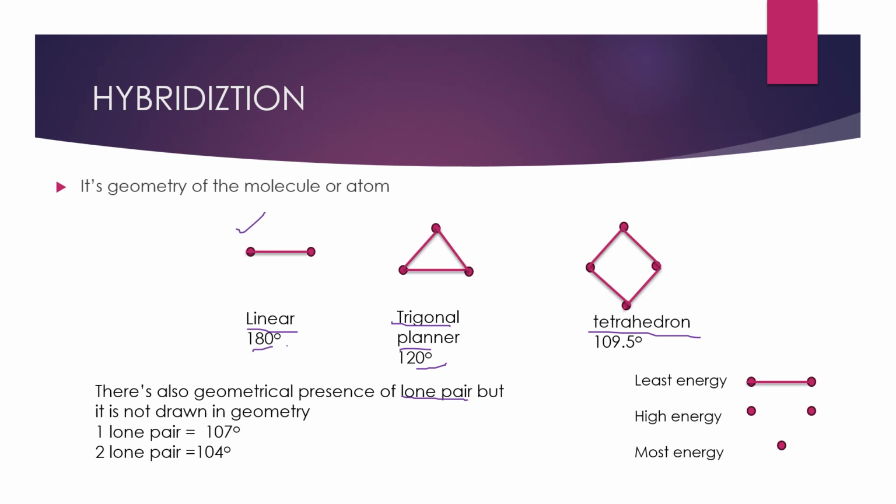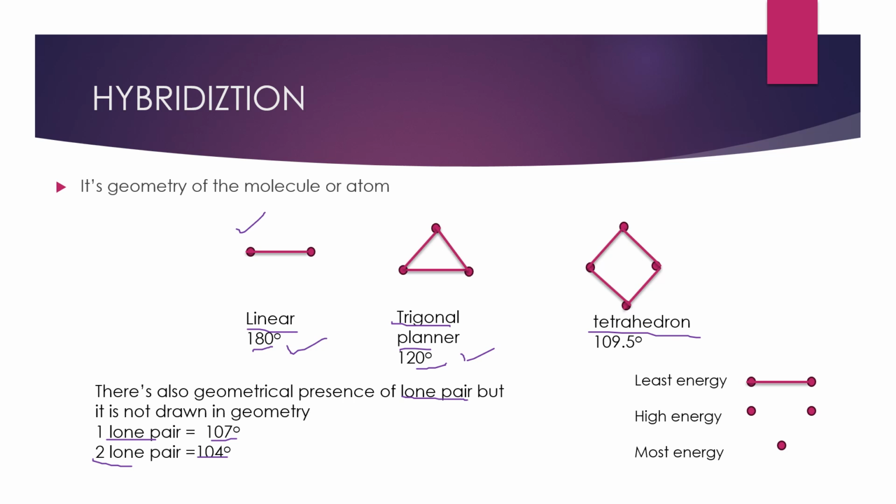As I told you, in the linear form there is 180 degrees, in the planar form 120. Just suppose in the trigonal form there is a single lone pair, so it will affect its geometrical representation. If we have one lone pair, its angle would be 107. If we have two, its angle would be 104.